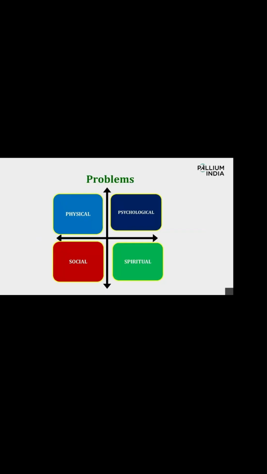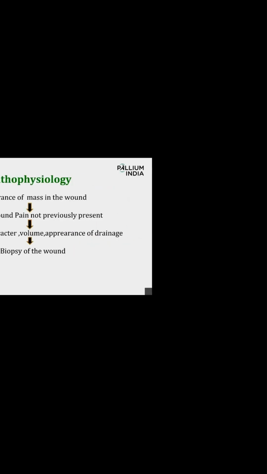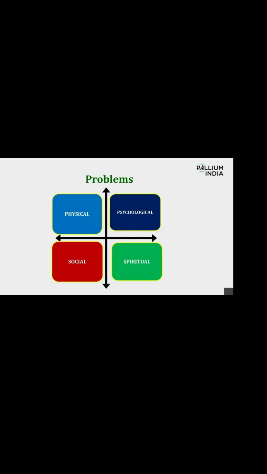Okay, till now we have seen what a fungating wound is, the different types of fungating wound, and both pathophysiologies. Then we are going to discuss the assessment. First we need to assess in palliative care. We have to approach in four manners: physical, psychological, spiritual and social.